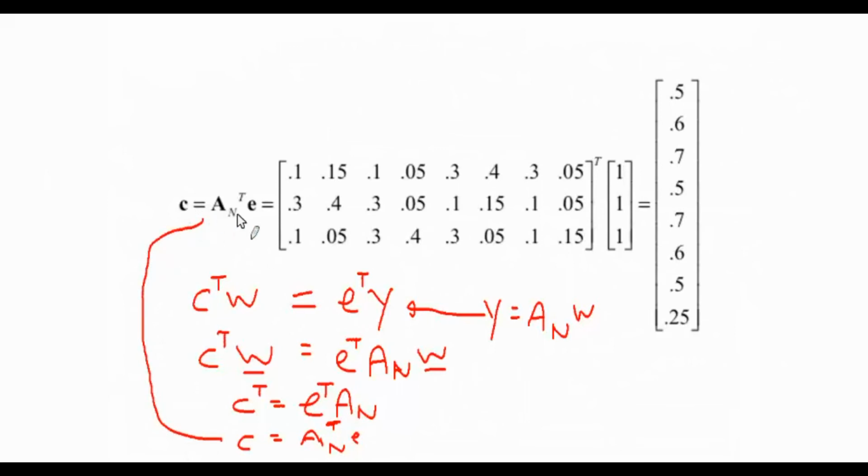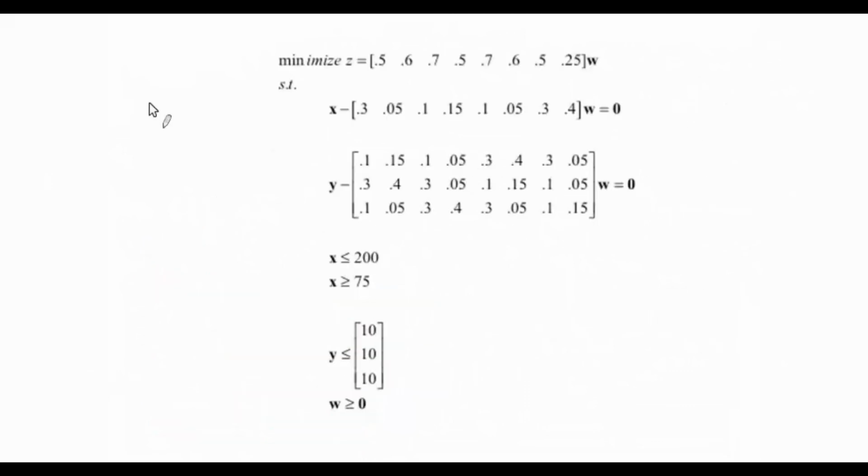So C equals A sub n transpose E, and this is our C vector.